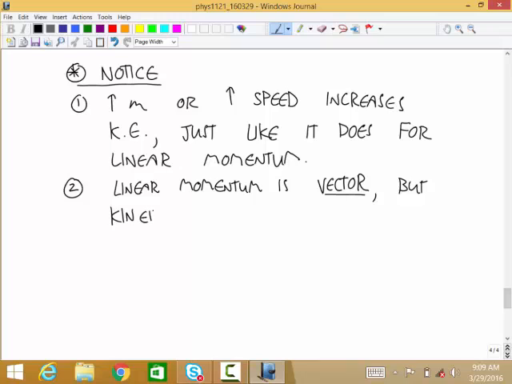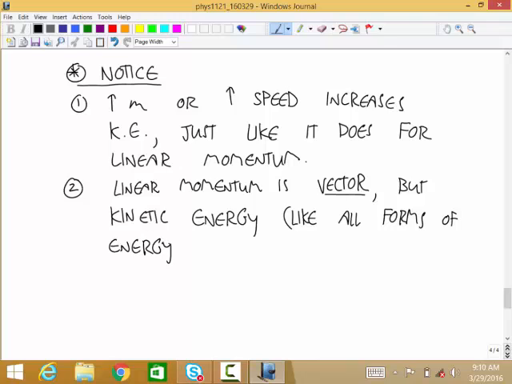So kinetic energy, like all forms of energy, is a scalar. So energy has no direction.